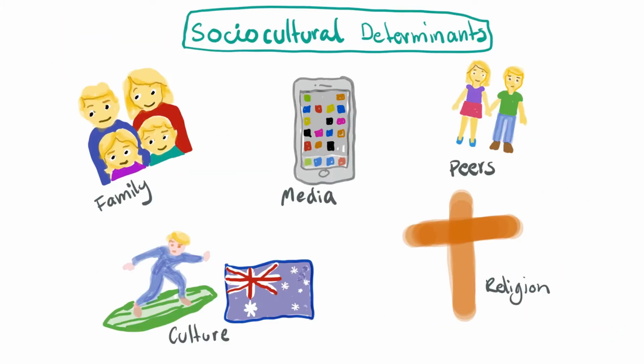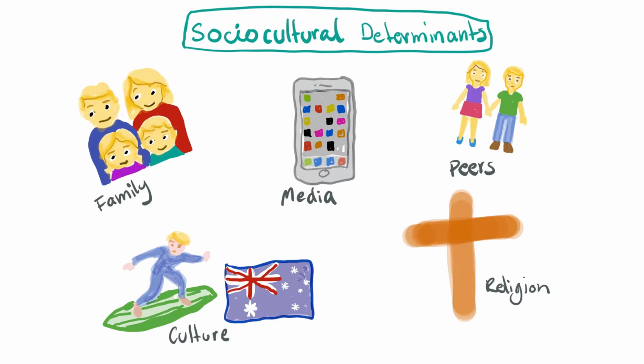When we have a look at sociocultural determinants, they are basically built around these 5 areas of family, peers, media, religion and culture. Obviously some of these things can combine together, so family and culture and religion might all be related to each other or impact an individual's health in a certain way, and things like media, peers and culture can impact each other as well.